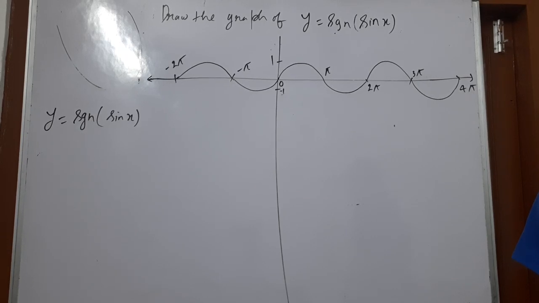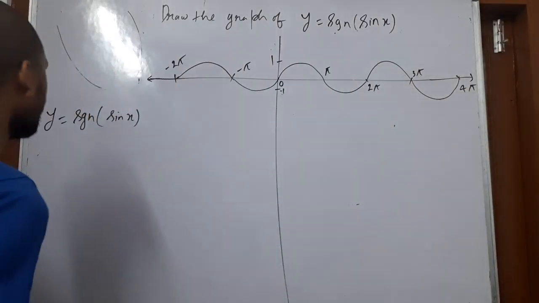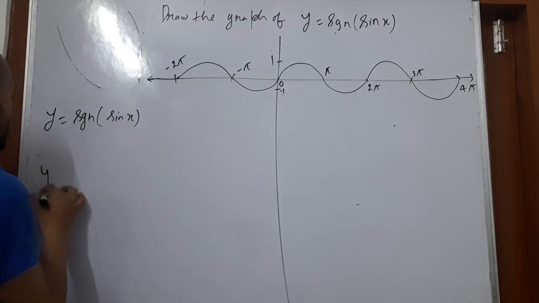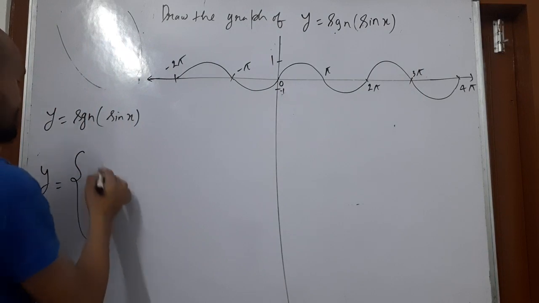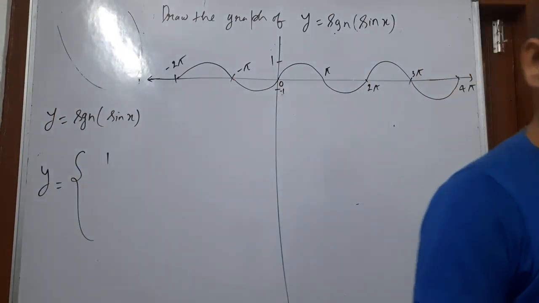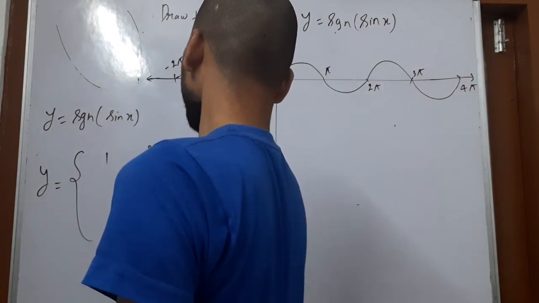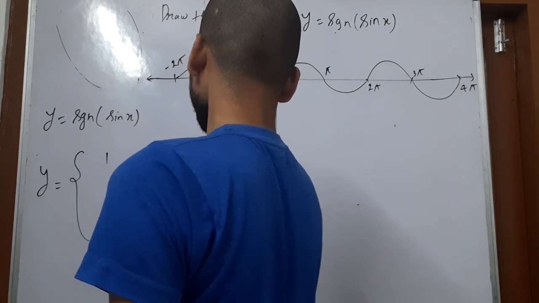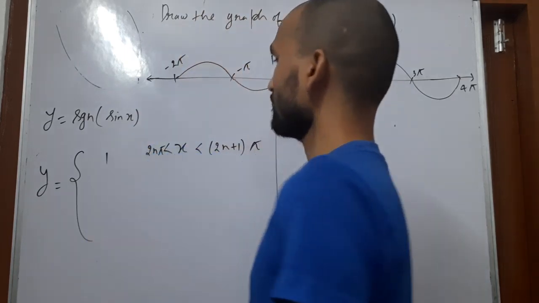So we can extend the value: y is 1 when x is greater than 2n pi and less than (2n plus 1) pi.